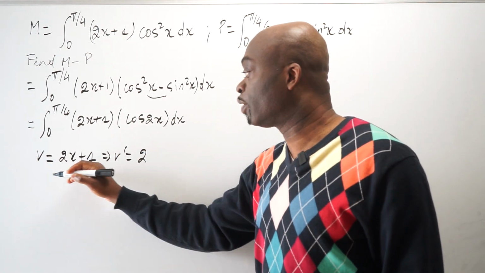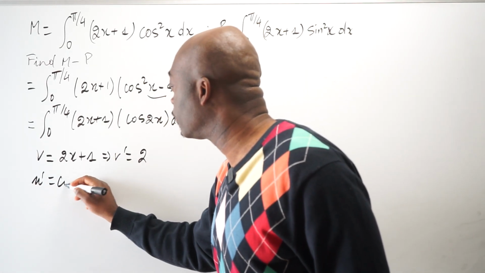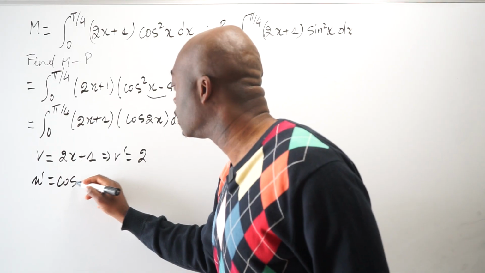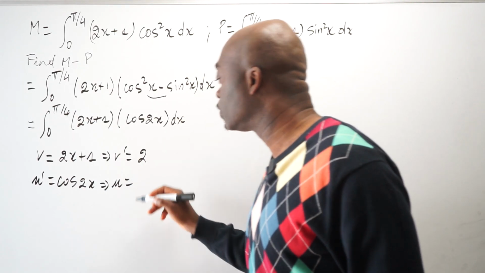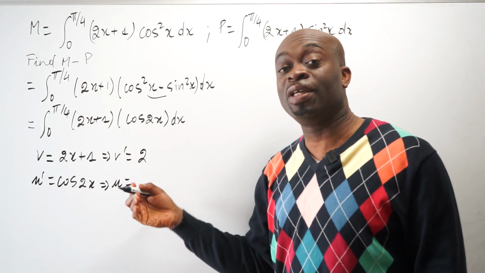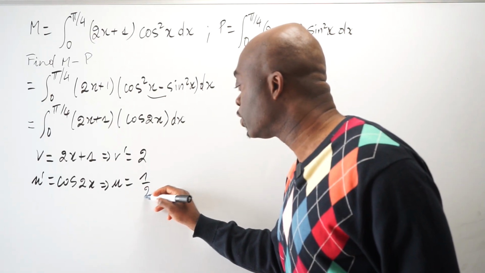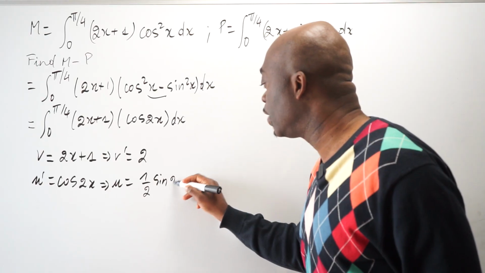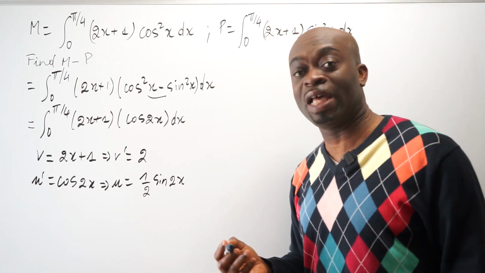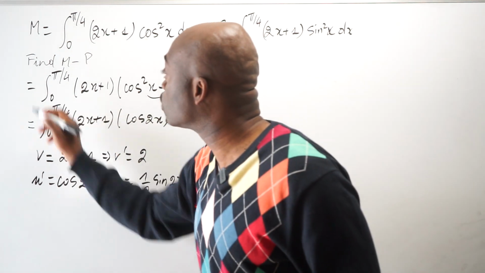And then u prime is definitely going to be cosine 2x. Then for u, we have to find the integral of this one, which is 1 over 2 sine 2x.